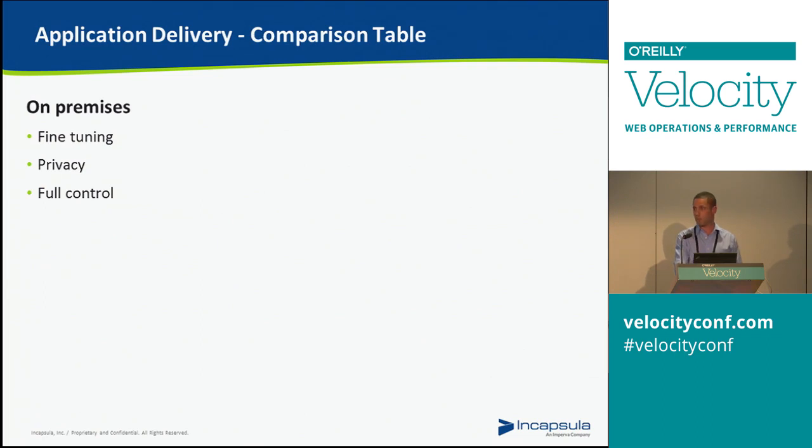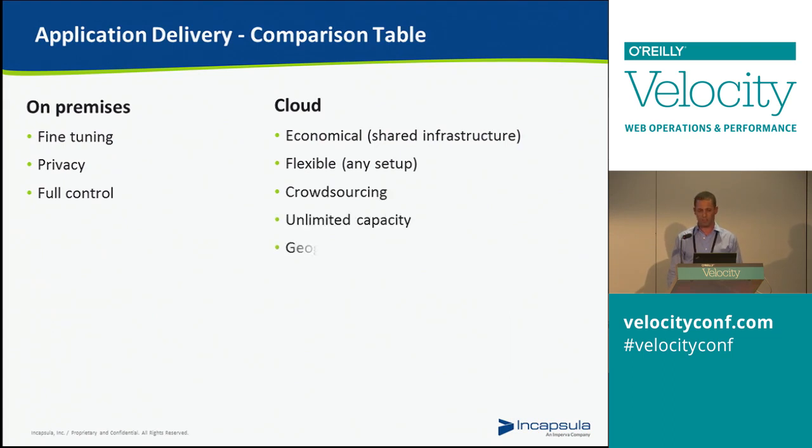You have some privacy advantages when you have everything on-premises, and of course full control, but the cloud comes up with lots and lots of other advantages. Economical, you are sharing the infrastructure, guys, as opposed to every customer just building his own infrastructure and utilizing just like 5% of it on a regular basis.